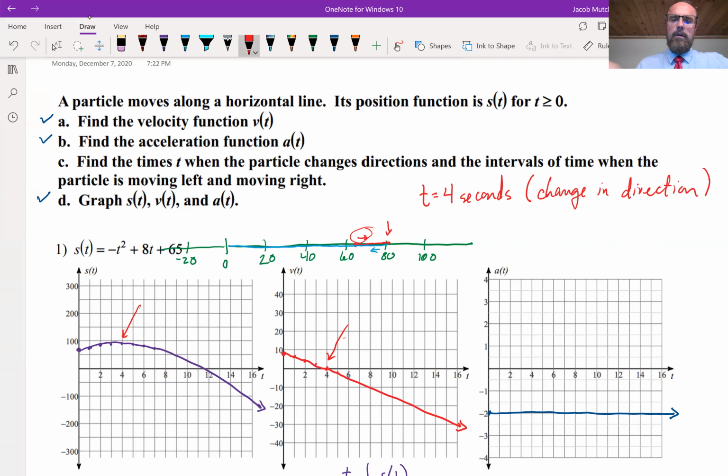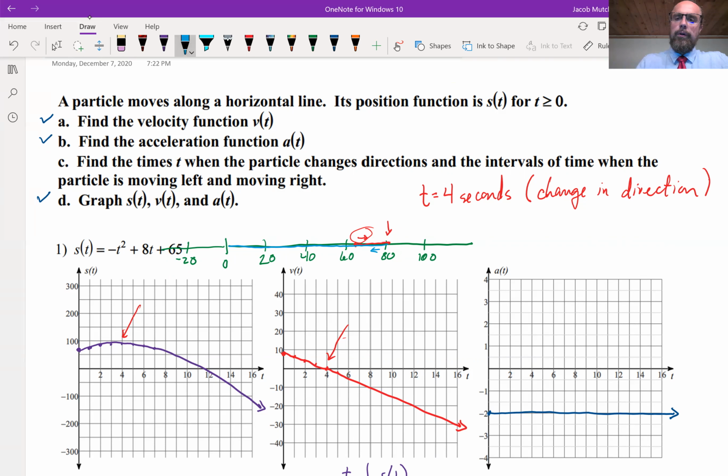We can then also complete this second part, the description of the intervals of time when the particle is moving left and moving right. So the particle is moving to the right when it's got a positive velocity. That's from 0 seconds up to 4 seconds.